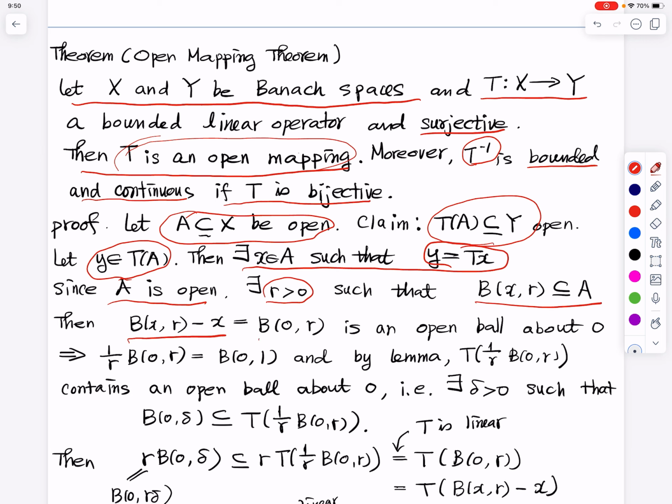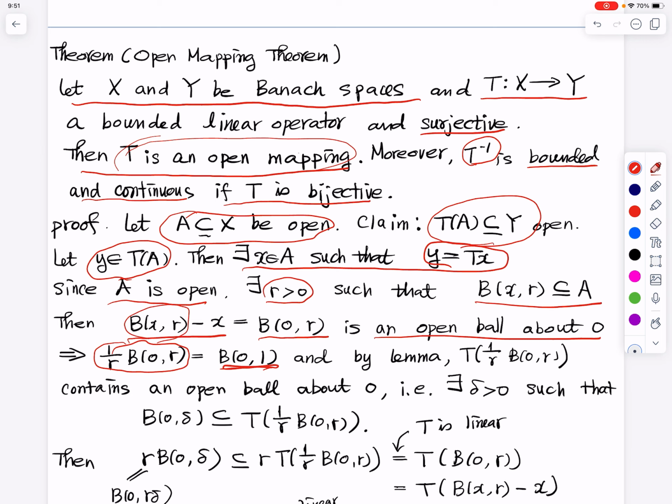That is exactly B(0,r), which is also an open ball around 0. And then you take 1 over r outside, and this is exactly B(0,1).